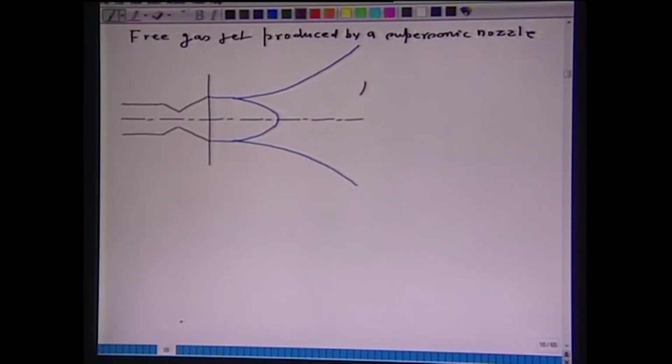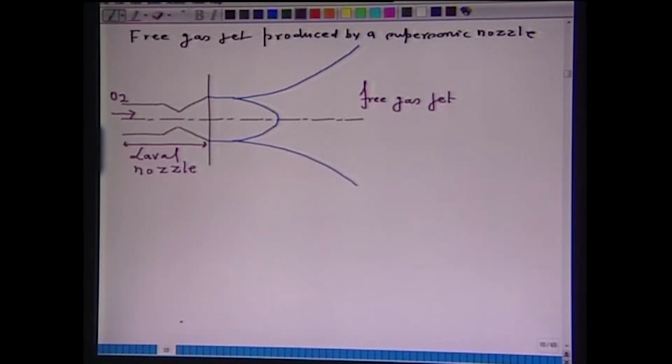So, this portion is the free gas jet. You see that the jet begins to spread as the gas exits the nozzle. Now, this particular portion is the Laval nozzle. This is the direction of flow of, for example, oxygen.